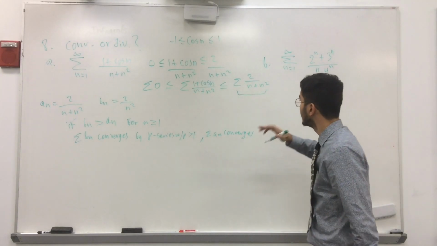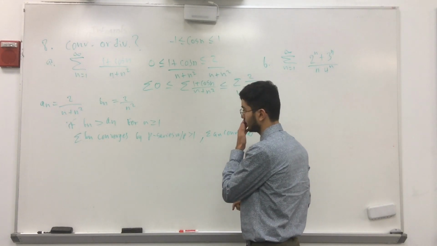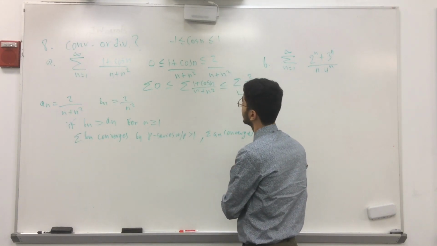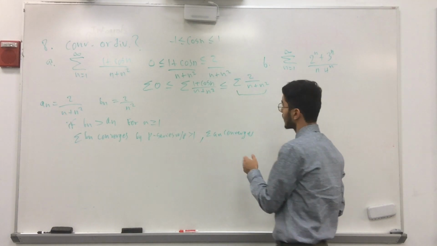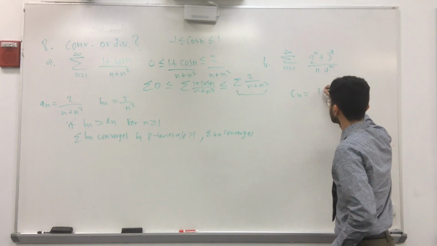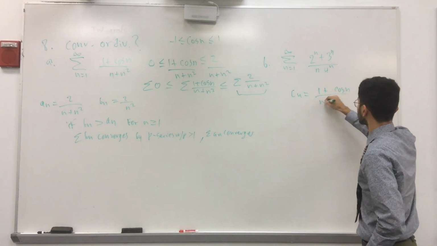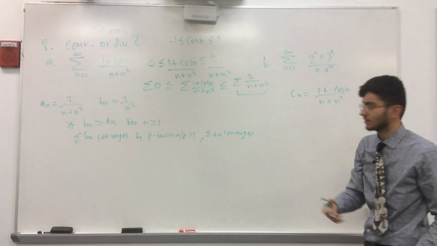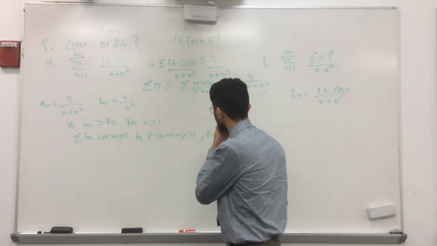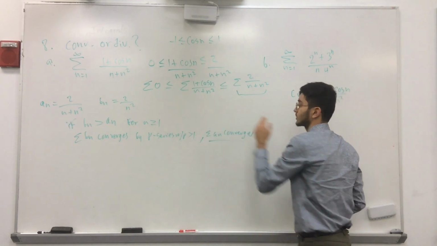That converges. Let's call c_n equal to (1 plus cosine n) over (n plus n squared), just for notation purposes. If this converges, that means c_n has to converge as well.